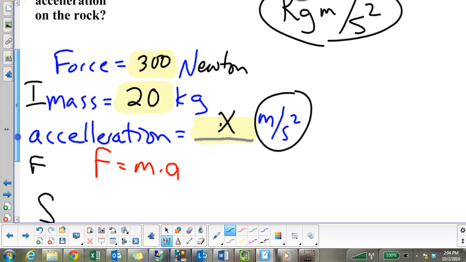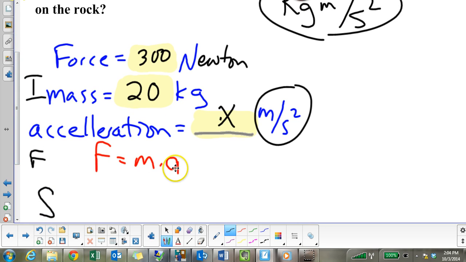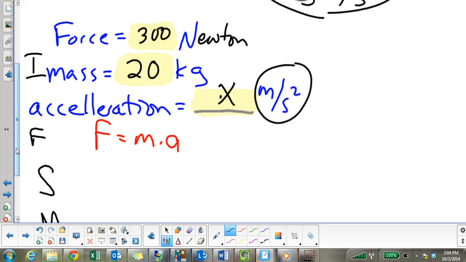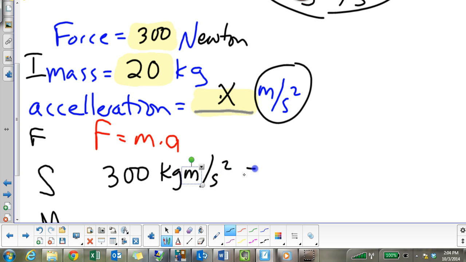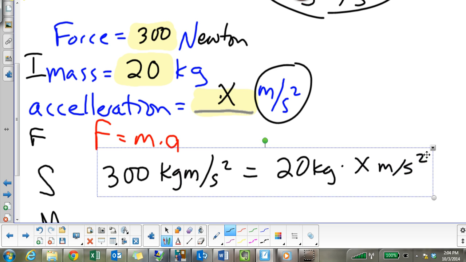So the formula we'll choose is the force formula, F equals m times a. S means to substitute. So I'm going to substitute in the 300. Again, if you wrote it in with the labels, holy cow, does that look awful? Doesn't it look terrible?